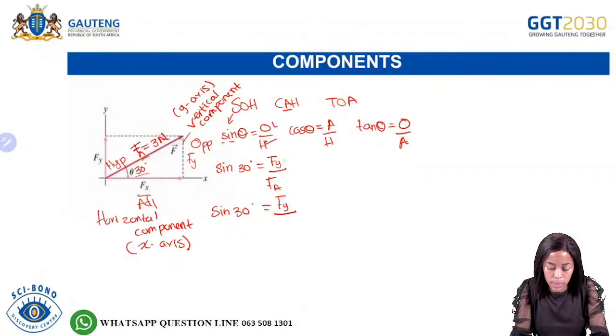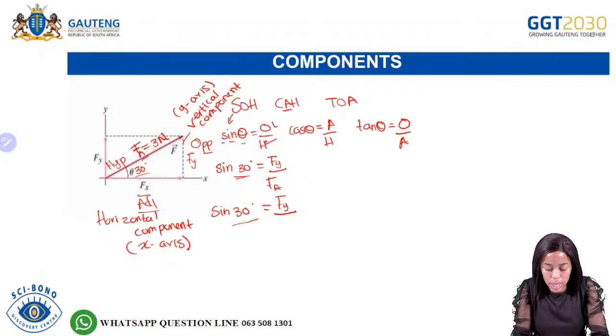As I was saying here, you are given 30 degrees, and then you are asked to calculate your Fy. So we said sine theta, we substituted the 30 degrees, and the side opposite the angle is called your opposite side, the other side your adjacent, and this one your hypotenuse.